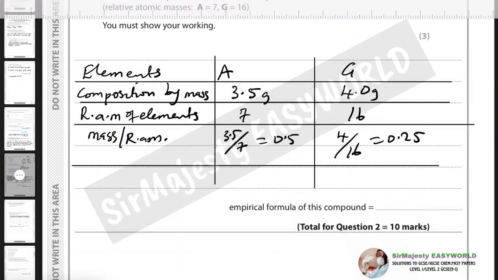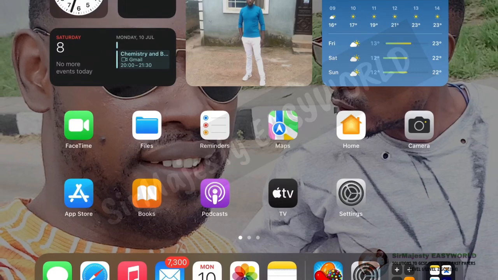Among 0.5 and 0.25, which one is smaller? 0.25 is smaller. Therefore, we divide 0.5 by 0.25, which will give you 2. Then 0.25 divided by 0.25 is 1. But let's press the calculator to convince you.